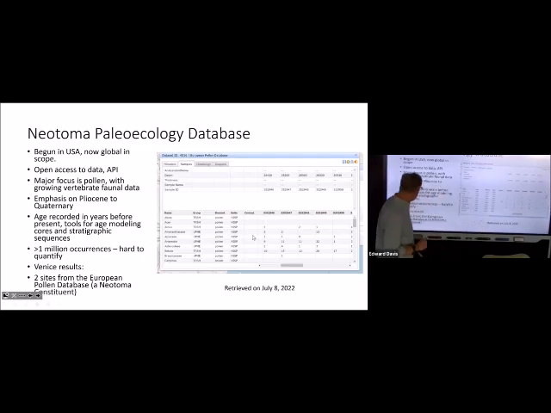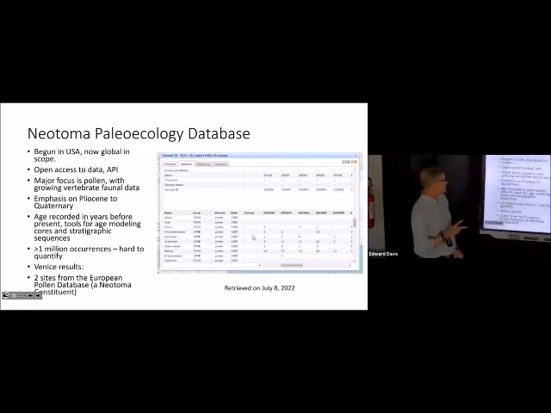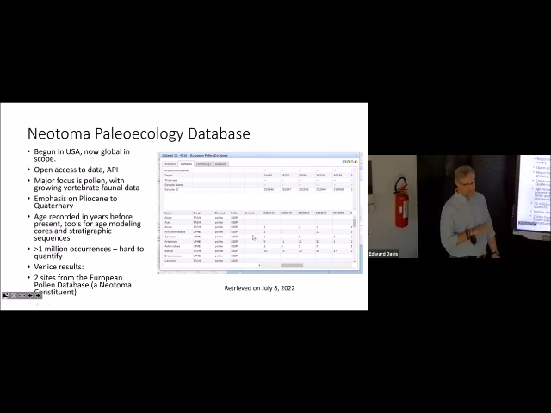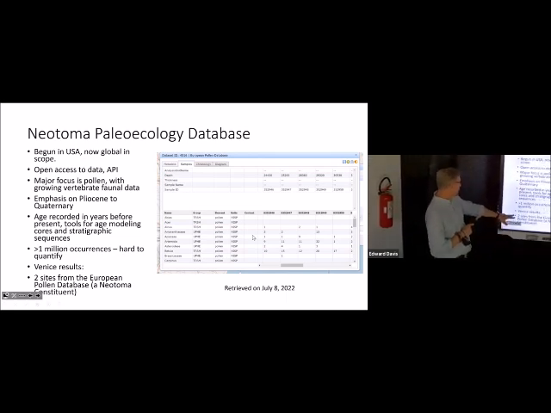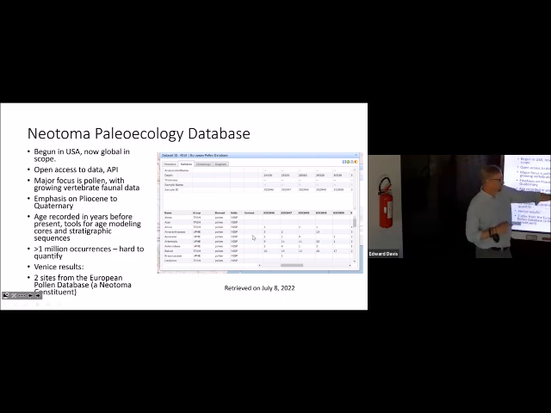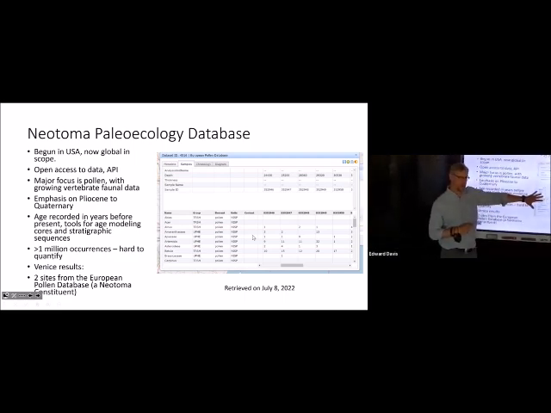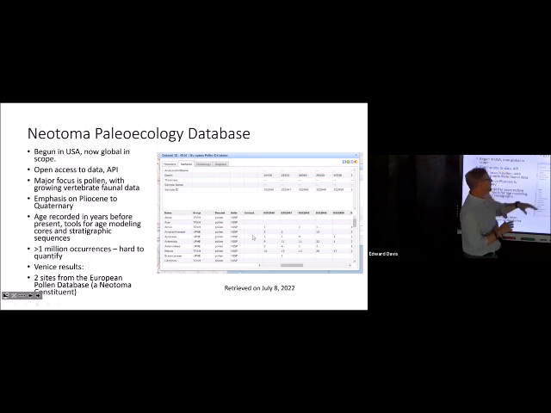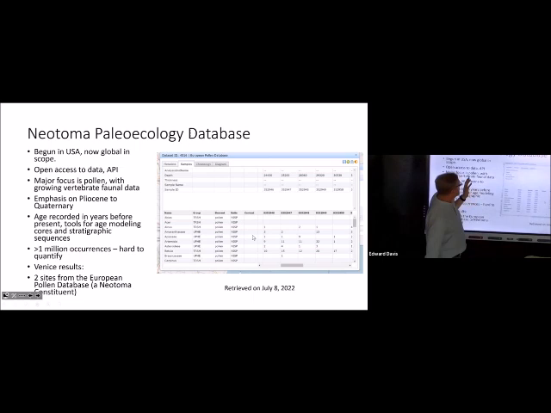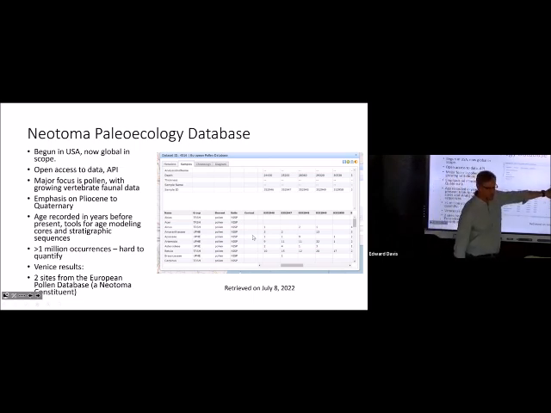When I looked in Venice, there are 2 sites in the Neotoma Paleoecology Database. They're both sites from the European Pollen Database, and they represent pollen records from cores that I think were taken in the lagoon. Unfortunately, they were put in kind of as stub records, or when they were collected, absolute dates were not assigned to the layers in the cores.